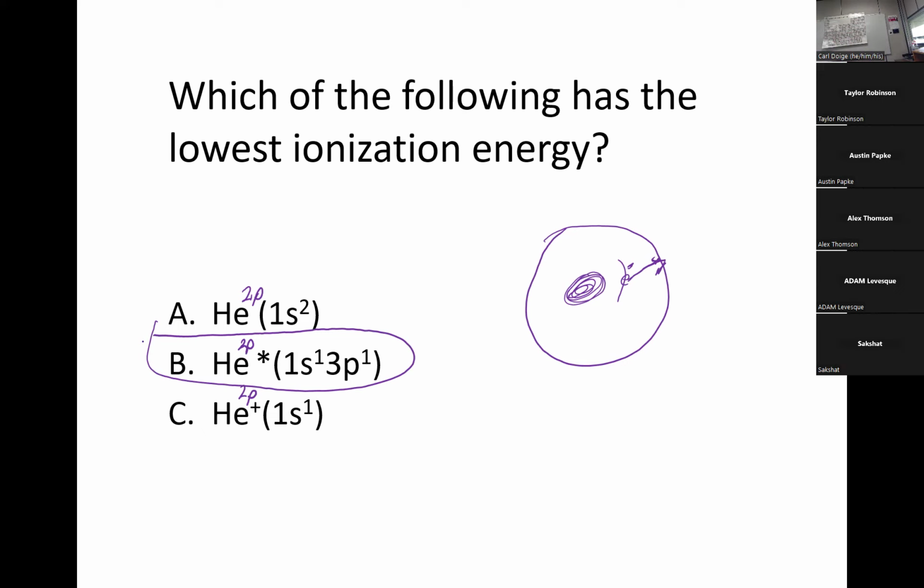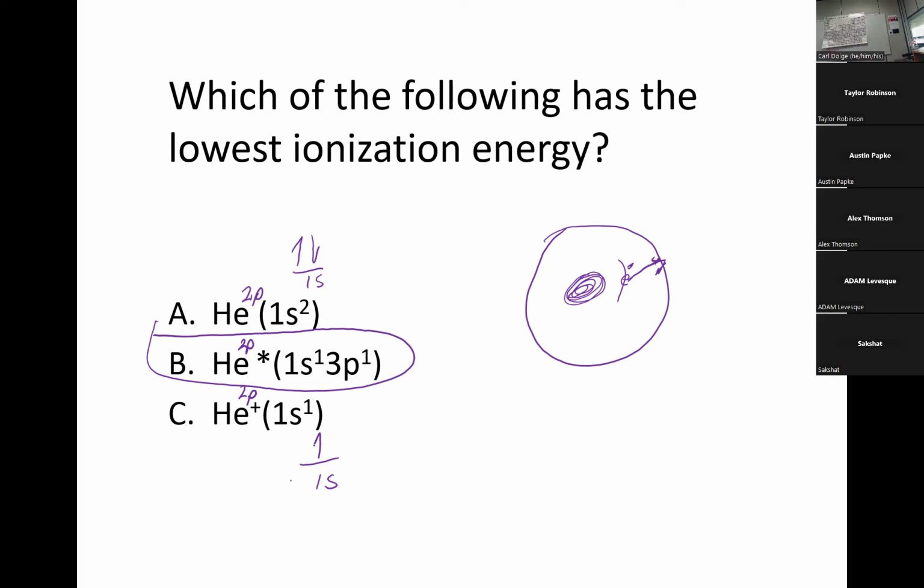In this case, in the 1s orbital, you've got 2 electrons, and down here, in the 1s orbital, you've got 1 electron.